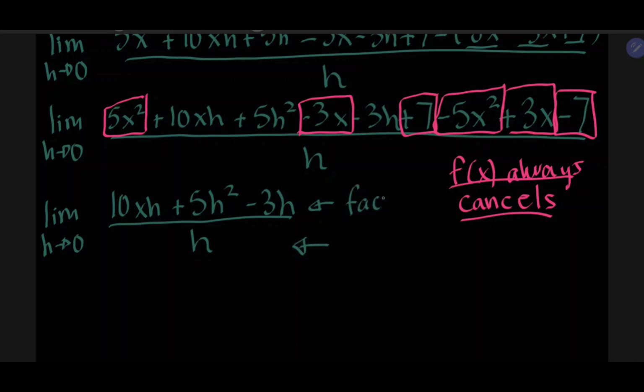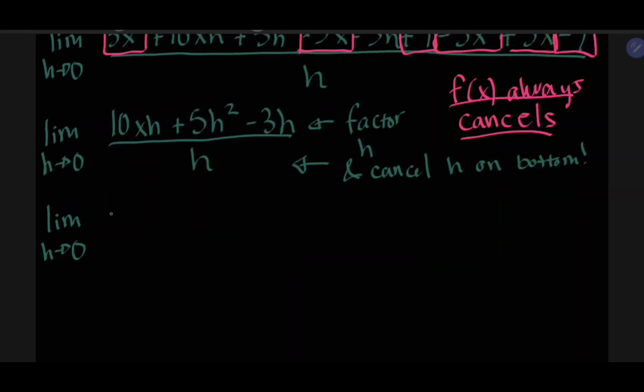So that means we can factor an h out and cancel the h on the bottom. So if I factor h out from all of these terms, taking an h out of 10xh, I'll be left with 10x. 5h squared will become 5h, and negative 3h will become minus 3.